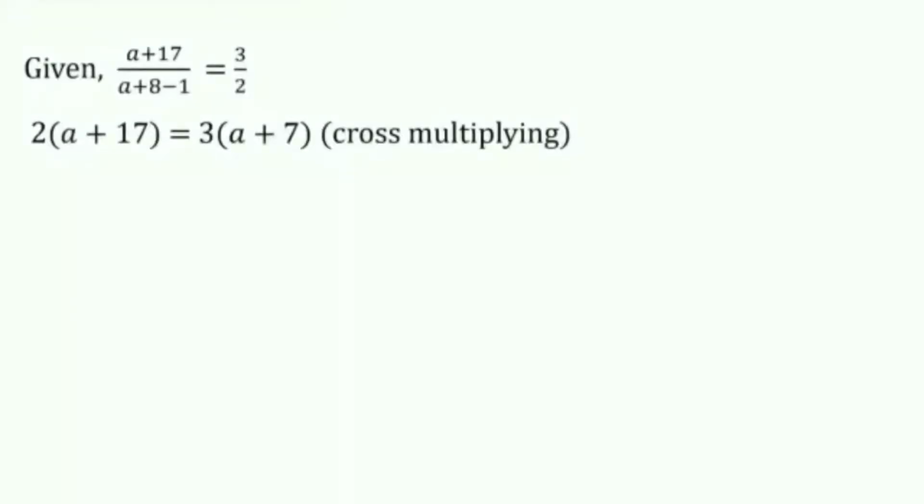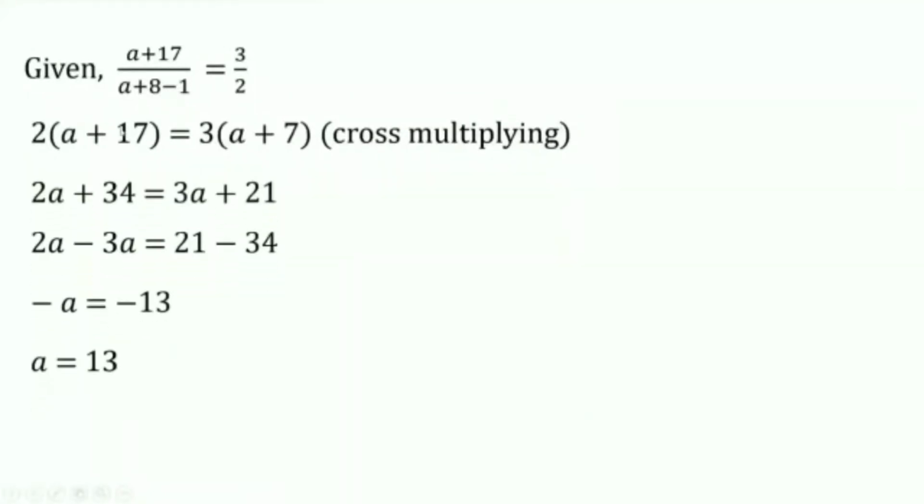So here we have a plus 17 upon a plus 8 minus 1 is equal to 3 upon 2. Now cross multiplying, we'll have 2 into a plus 17 is equal to 3 into a plus 7.